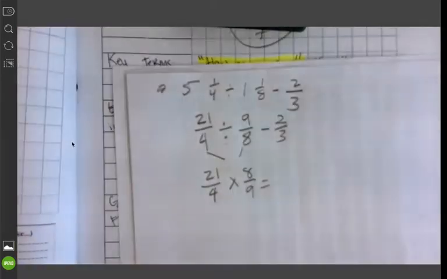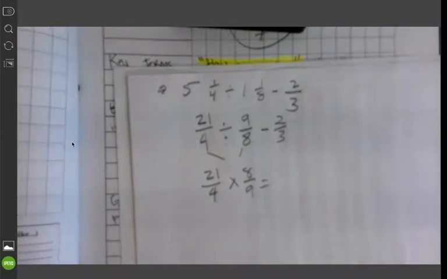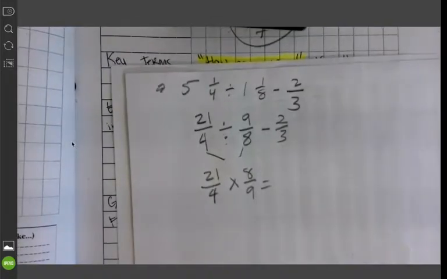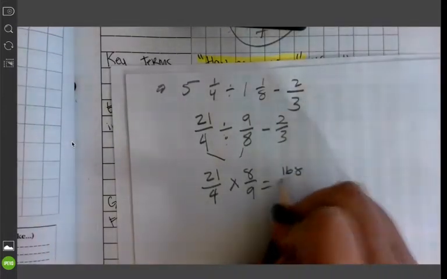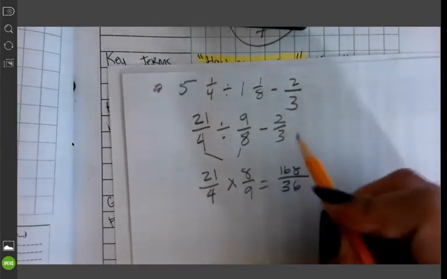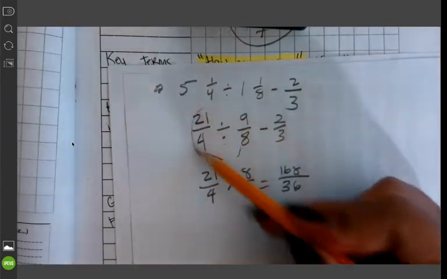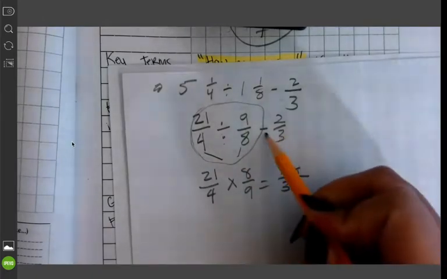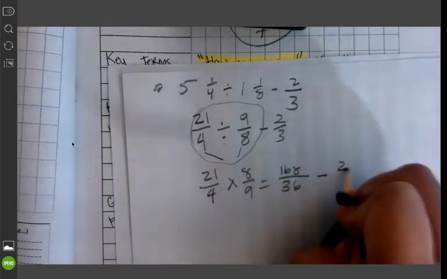21 times 8, where is my handy-dandy calculator? 21 times 8 is 168, and 4 times 9 is 36. Now I still have to minus 2/3.